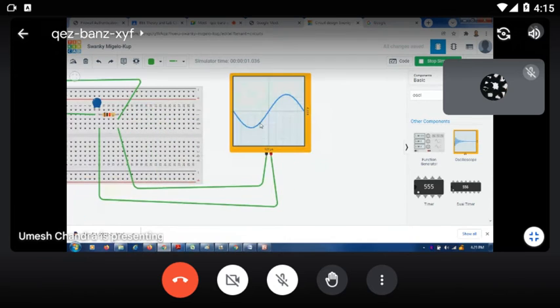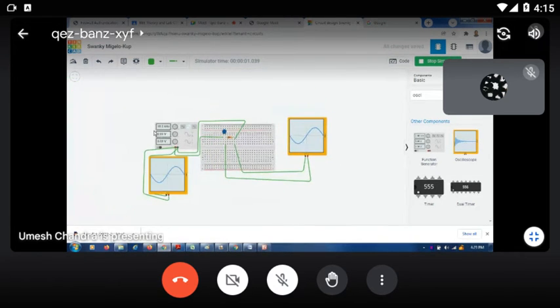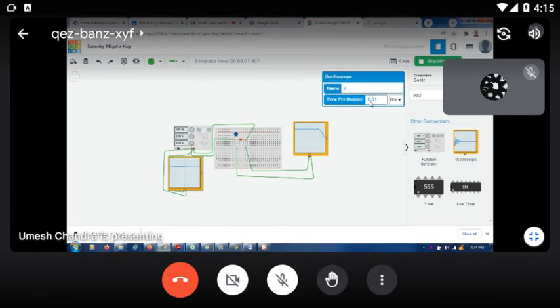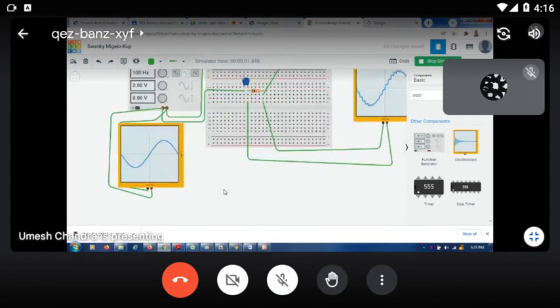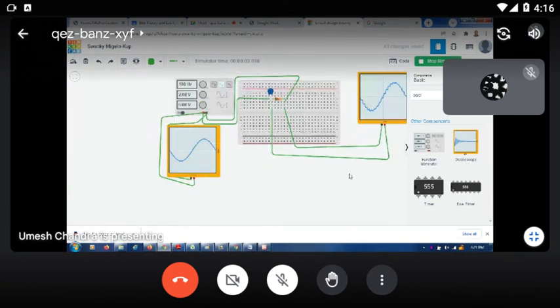And what is your output? The same, 10 kilohertz, the same volt, the same 2 volt input. Now I give 100 hertz frequency. What is your voltage? When you give 100 hertz frequency, your input voltage is 2 volt. Okay, then what is your output voltage?